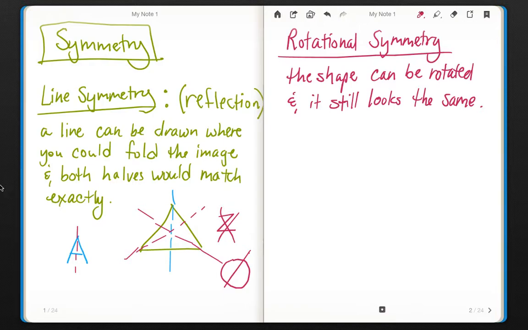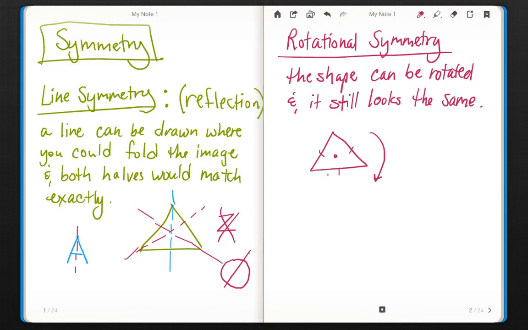So if I take something like, well, let's go back to that triangle we were using earlier, and we drew the line symmetry that it has. Well, it's like you put a dot right in the middle, and you want to turn it. If all these sides are the same, wouldn't it turn and then it would look just the same? If I did a turn to here, and then I could turn it again, and it would still be symmetrical.